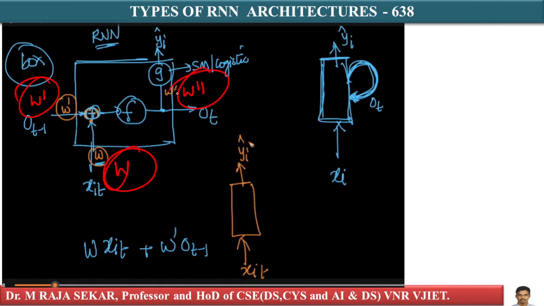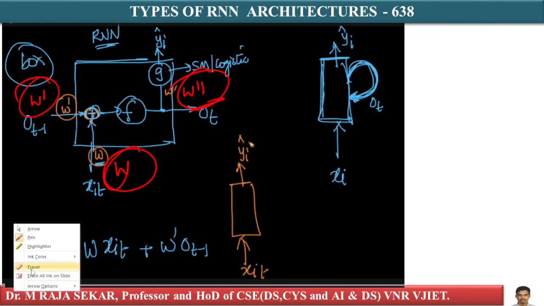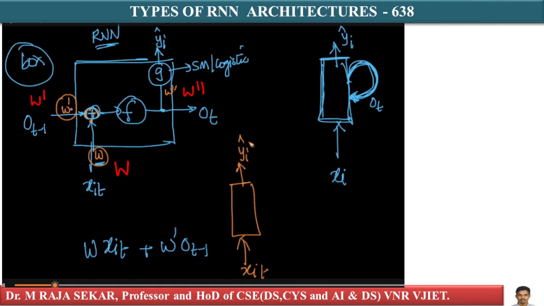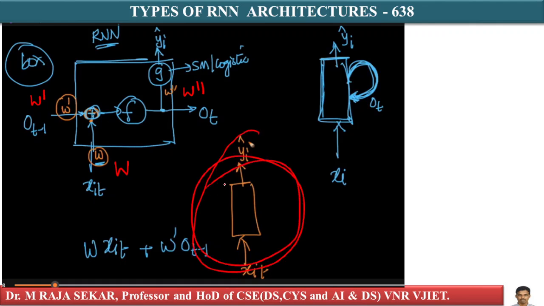There is also w double dash, isn't it? So all these weights are there. What are these w dash and w double dash? These are weights.